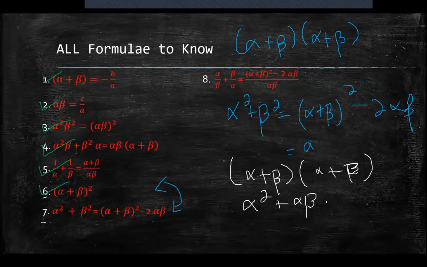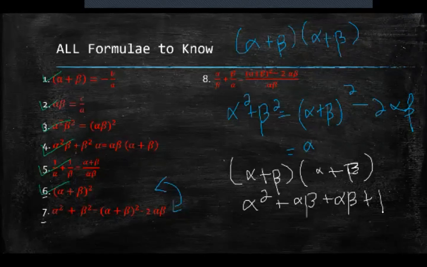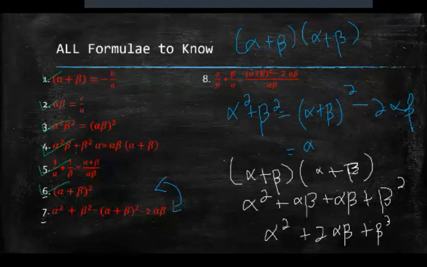Beta times alpha, alpha beta, and beta times beta, beta squared. Alpha beta plus alpha beta is 2 alpha beta. That's alpha squared plus 2 alpha beta plus beta squared. Everybody understands that? That's just expanded this.